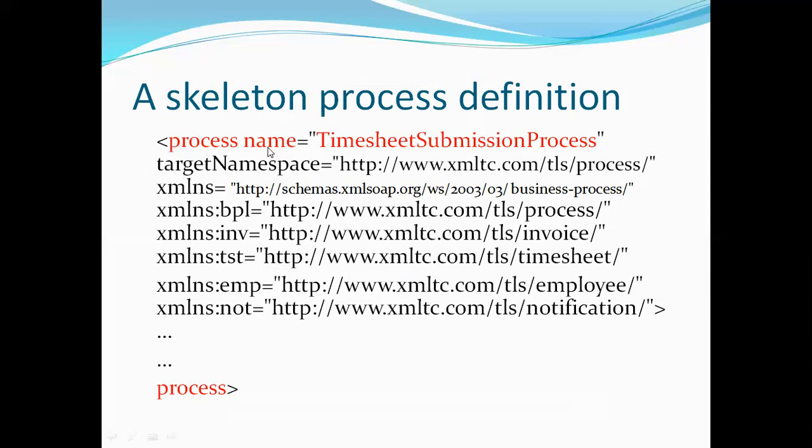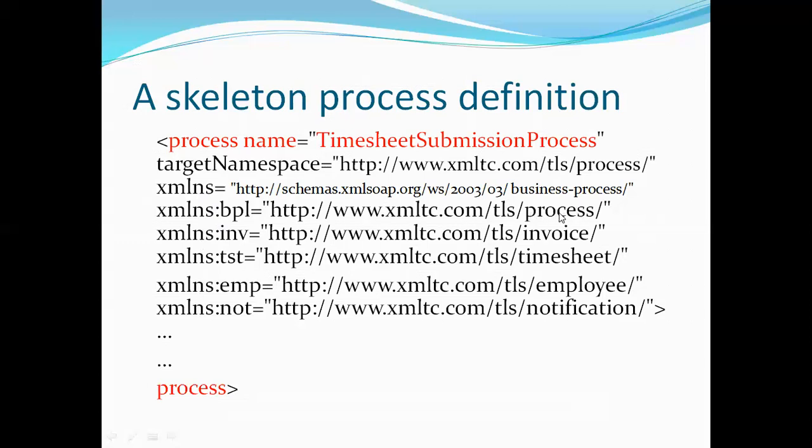So let us see an example of the skeleton of the process definition or process element. The process element starts and the process element ends. The attribute of the process element is the process name, and the process name here is timesheet submission process. And these are the different XML namespaces.